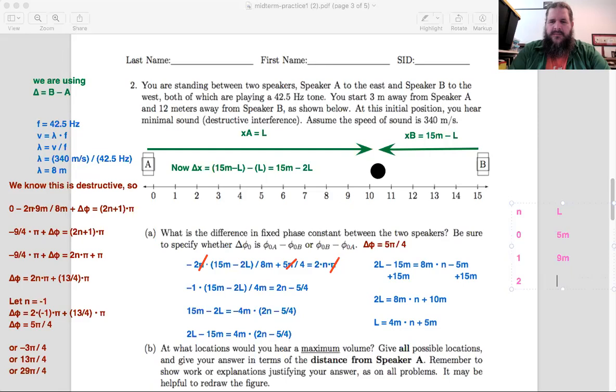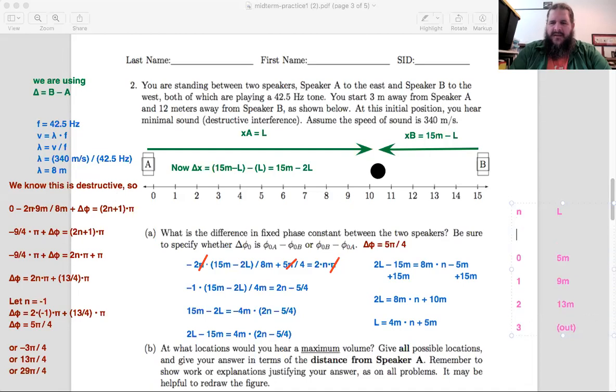What about 2? 13. Yeah. And 13 meters is still in the range. What if we plug in 3? 17 is outside the range. Yeah. So we can ignore that one. And of course, anything beyond 3 is just going to be further beyond 15 meters.